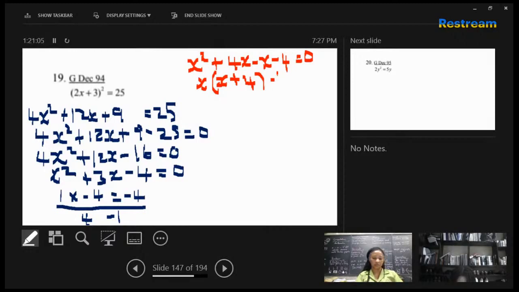Negative 1. Negative 1 into negative x goes x times, and negative 1 into negative 4 goes positive 4 times, which is equal to 0. So we should have x minus 1 and x plus 4.